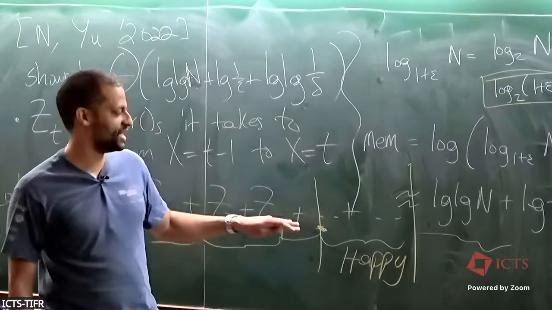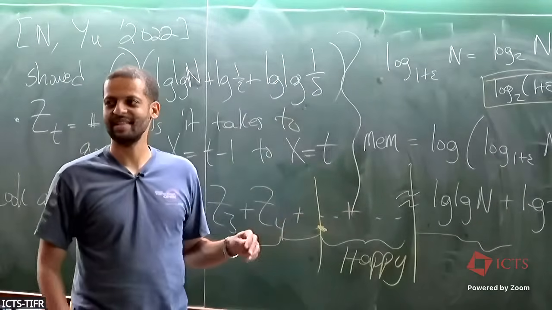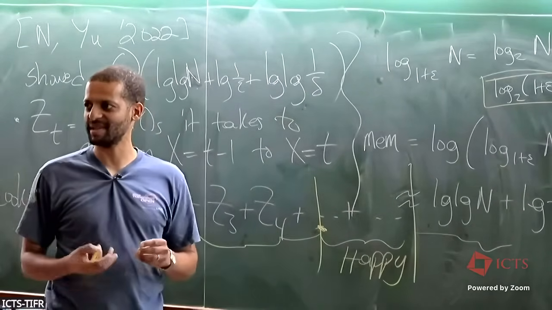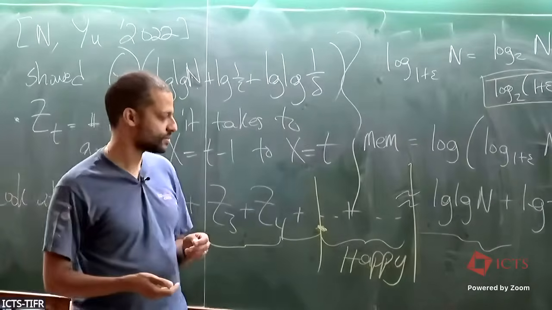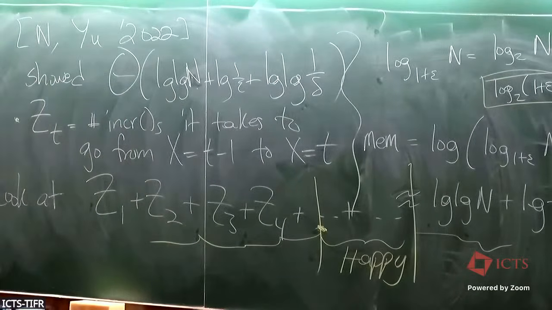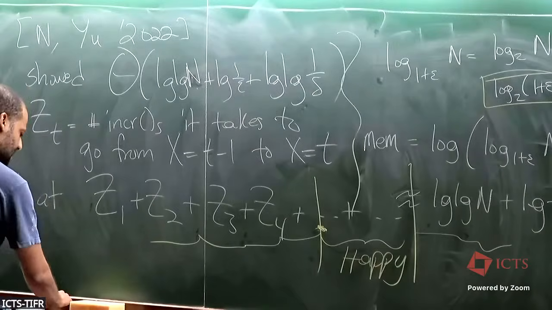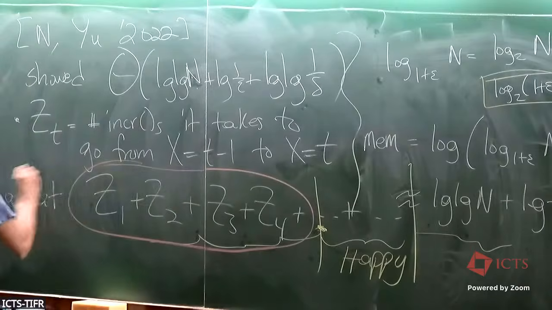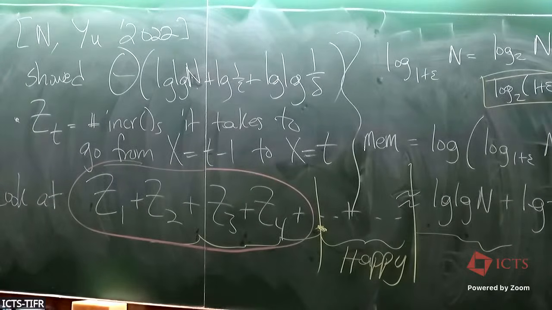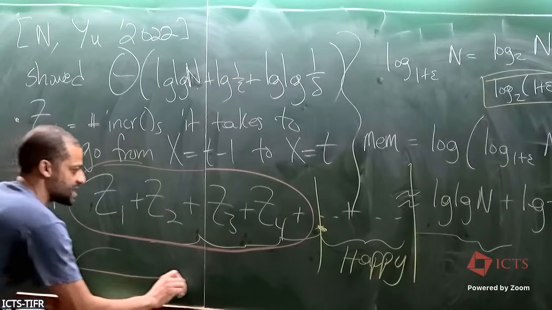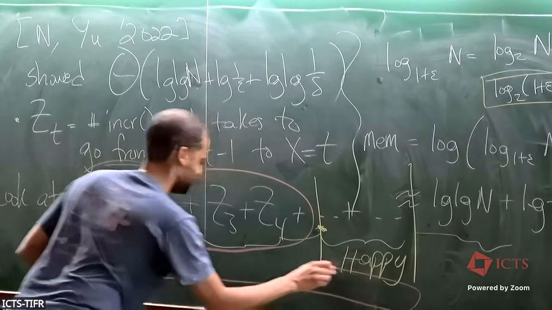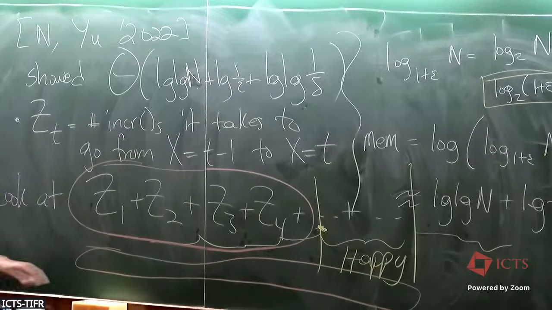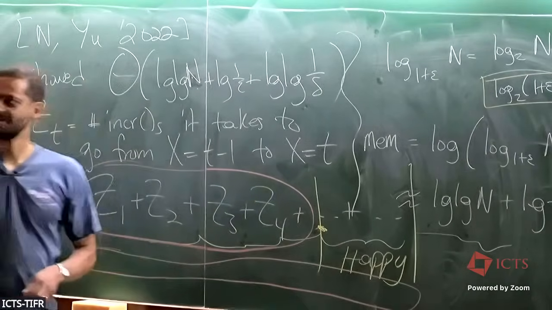If I'm in a zt in this range, it means my estimator will give me a 1 plus epsilon approximation. So what I do is I look at this prefix sum up to that yellow bar, and I also look at this prefix sum up to that yellow bar. Okay.